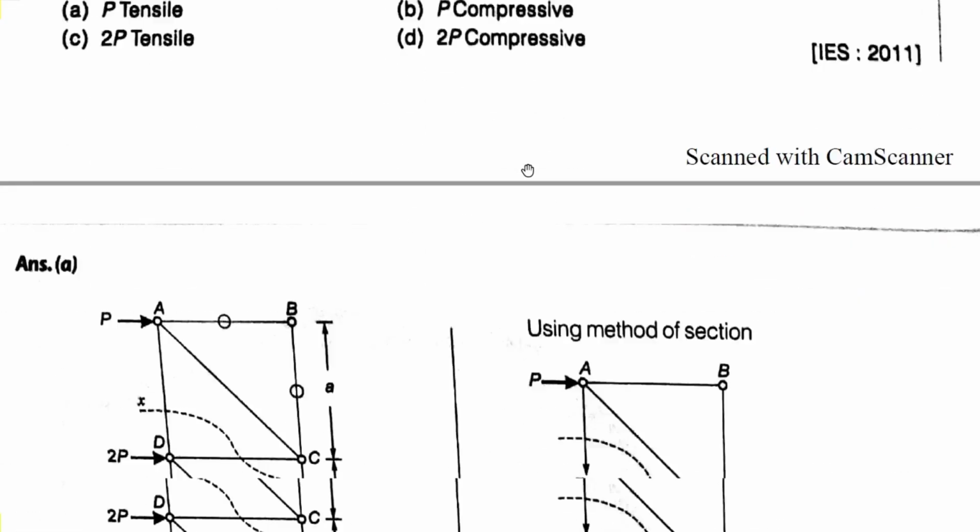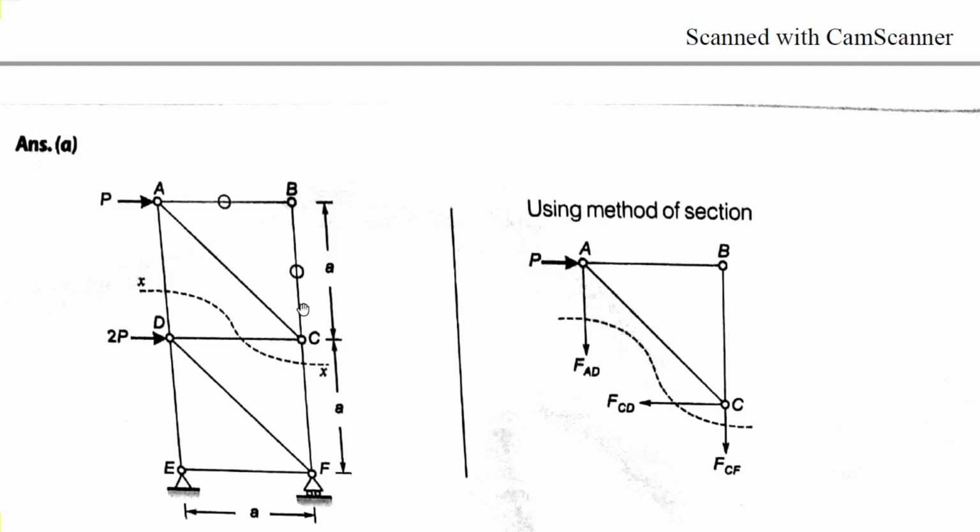For this we need to cut an imaginary section in such a way that if we draw the free body diagram, the member whose force is to be calculated is also considered. This is our CD member, and we cut in such a way that CD is also included here.